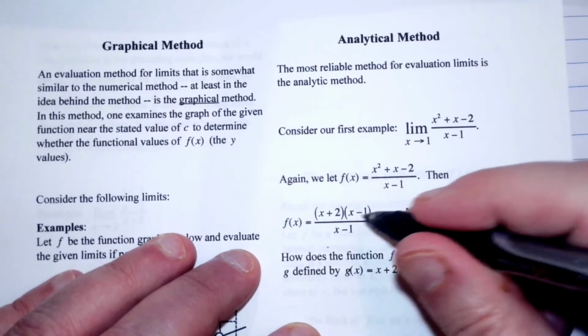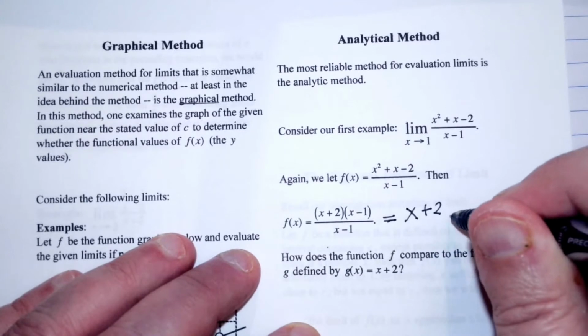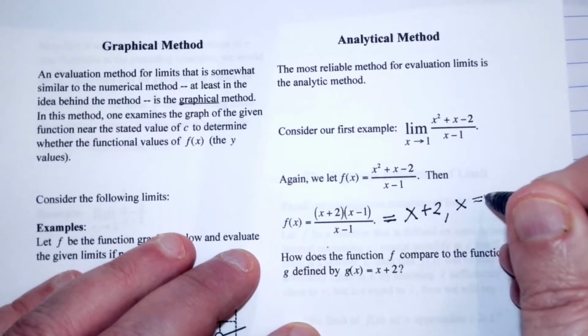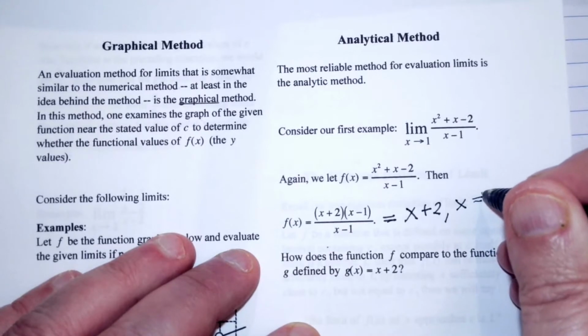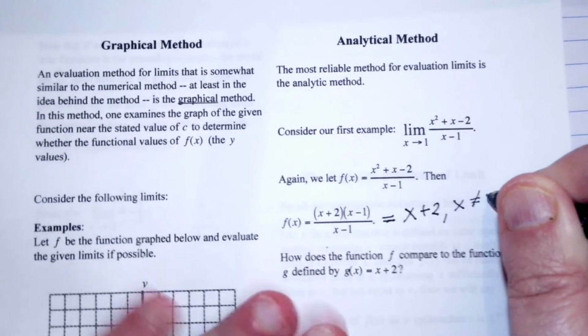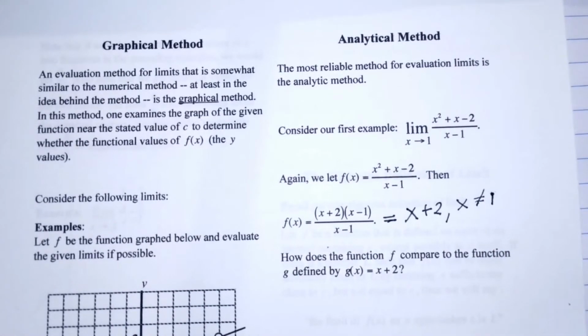So these two expressions are not exactly equal. So here's what we need to do. We need to put in the stipulation or proviso that x is not equal to 1.